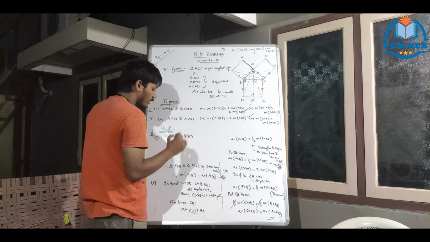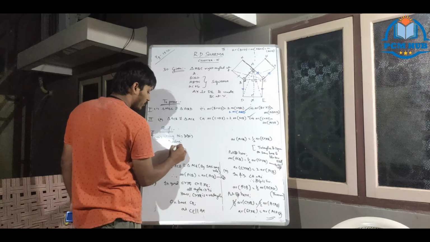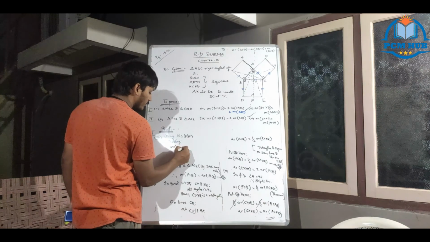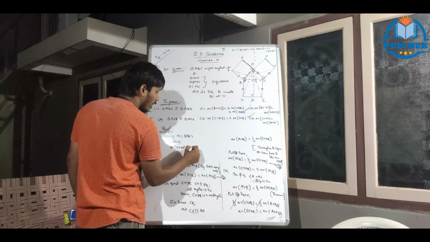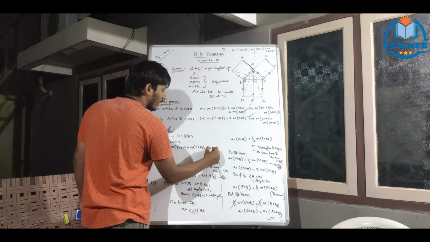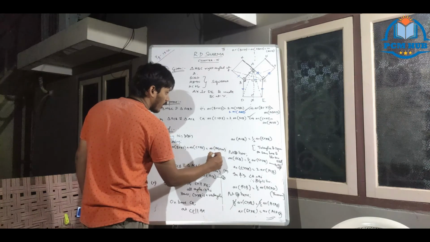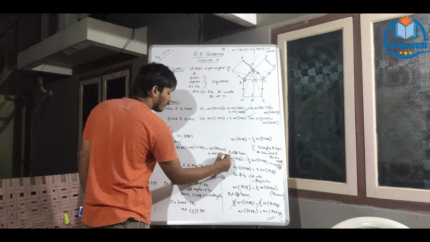So you are adding 3 and 6. What is adding 3 and 6? Area of BYXD plus area of CYXE equal to area of ABMN plus area of ACFG.